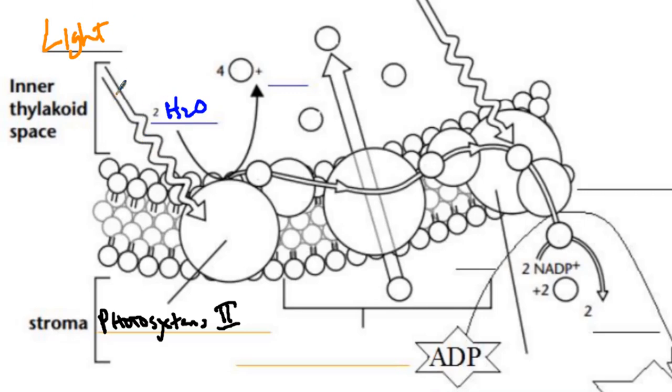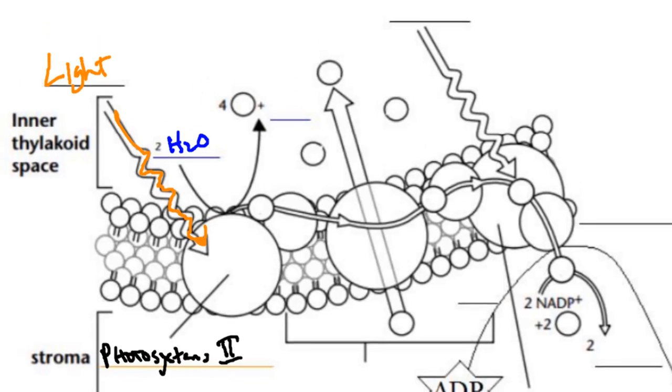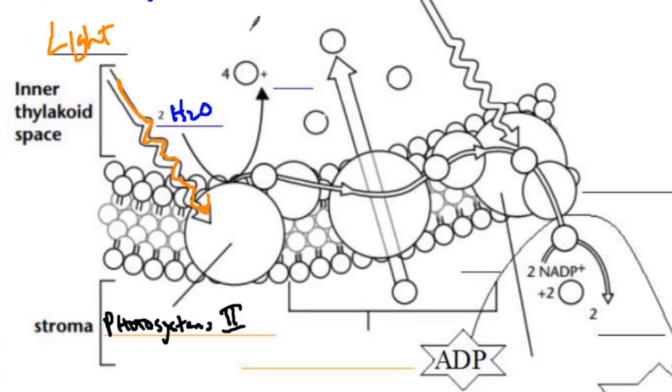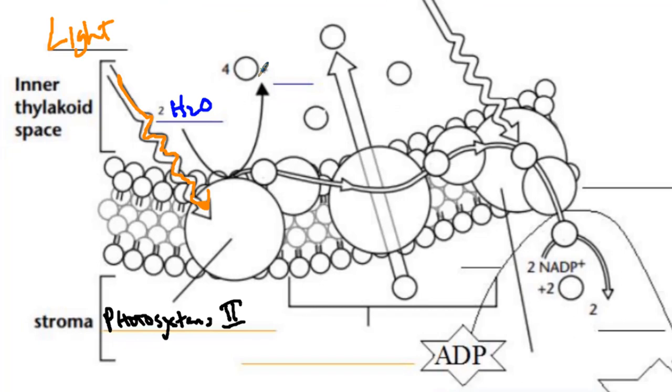The light comes in, hits the water molecules, and breaks those water molecules' bonds. Remember, H2O looks kind of like this. It's a bent molecule. And that light comes in and breaks those bonds. And what do we make? We make 4 H pluses, that's 4 protons, and we make O2 gas, oxygen gas. It splits up the water.